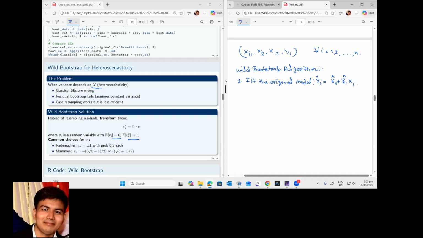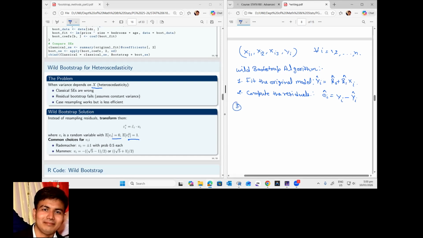In the second step, compute the residuals, that is epsilon i cap equals yi, the original data, minus the fitted values of yi, for given beta naught cap and beta 1 cap.